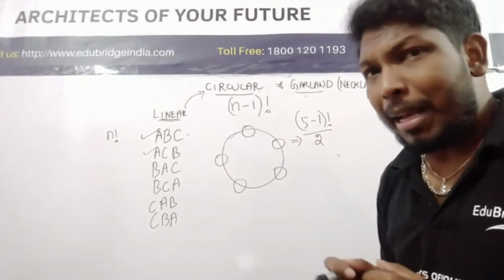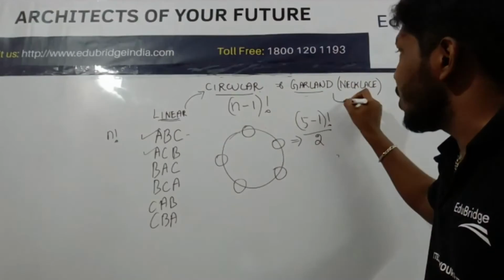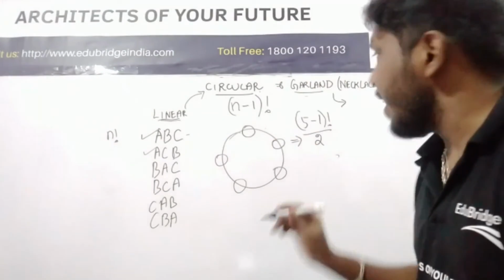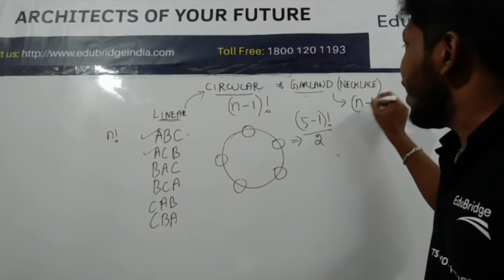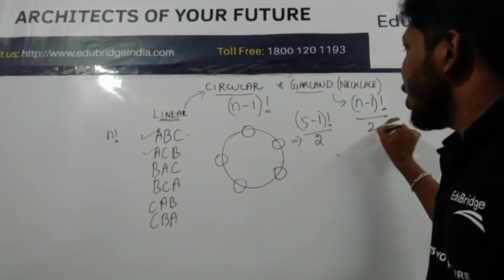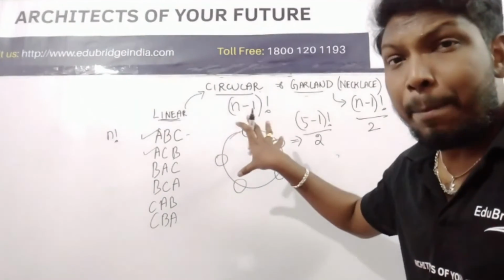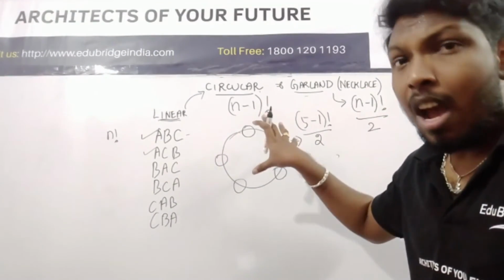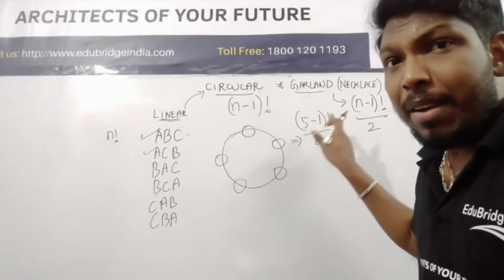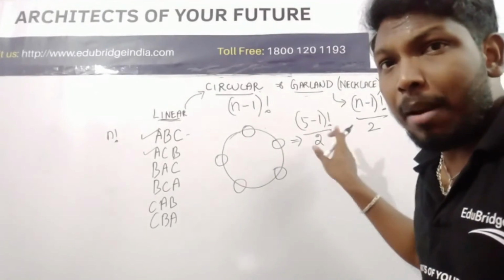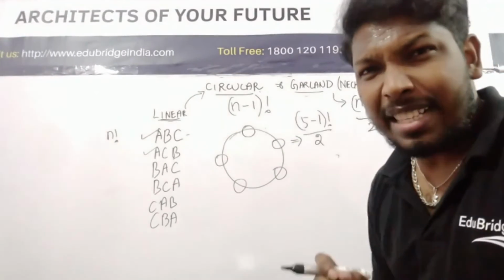So from this you can make a formula for garland or necklace permutation: n minus 1 factorial by 2. So if there are 5 pearls in a necklace, how many ways can I arrange it? 5 minus 1 factorial by 2. That is my answer.